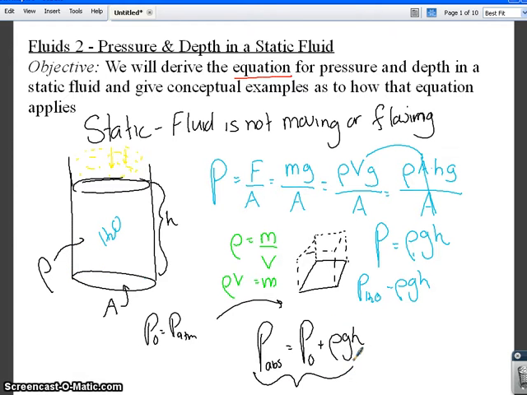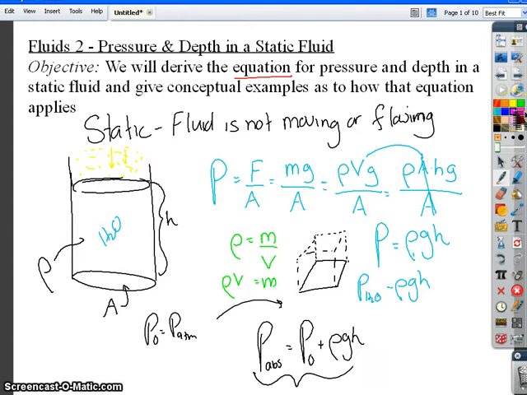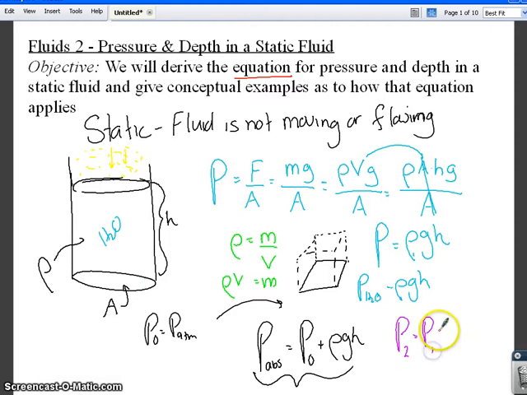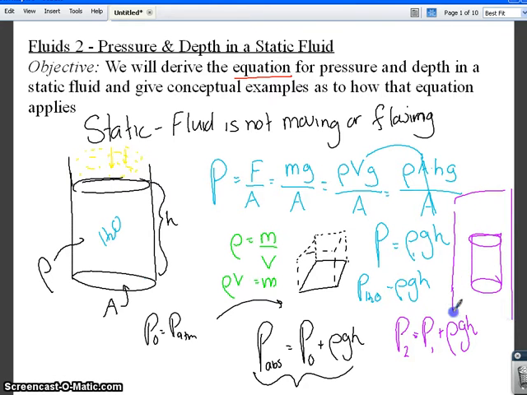However, I'm going to expand this just a little bit further, and change it slightly, and say P2 is equal to P1 plus rho g h. Why did I put P2 and P1? Well, let's take the same fluid over here, and let's say this fluid is inside a system that is larger.